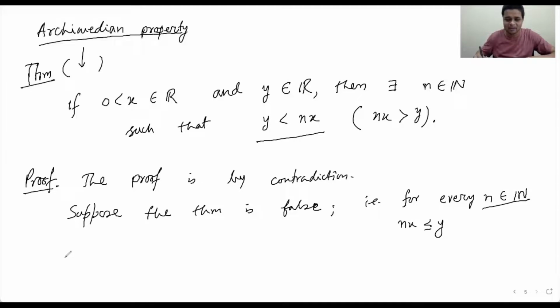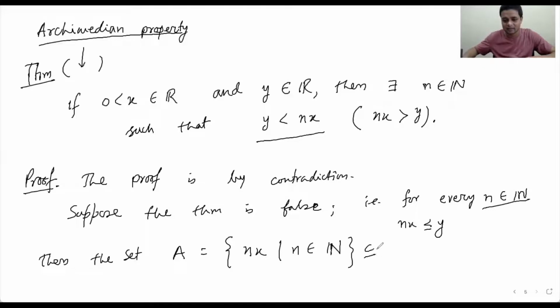So if the theorem is false, then the set A equal to nx, where n belongs to the set of all natural numbers, this is a subset of R, is bounded above by y. So y is an upper bound of this set, and this is a subset of R.